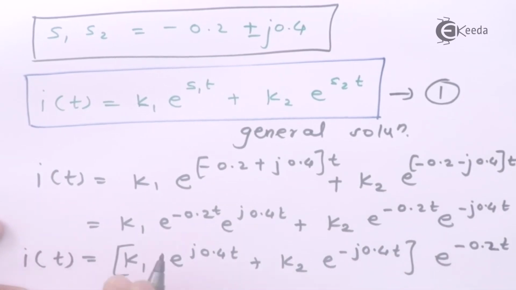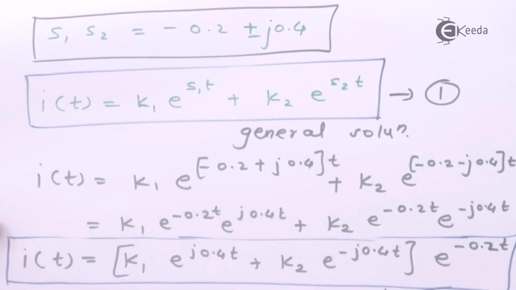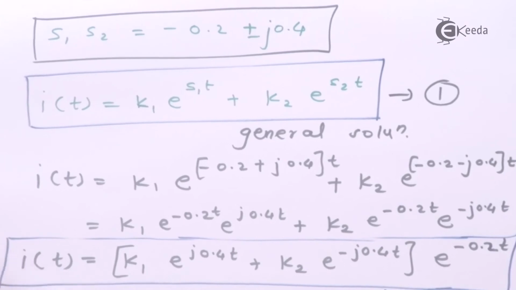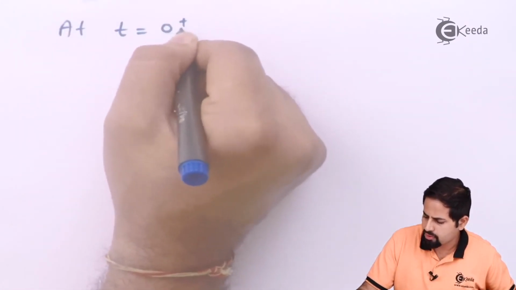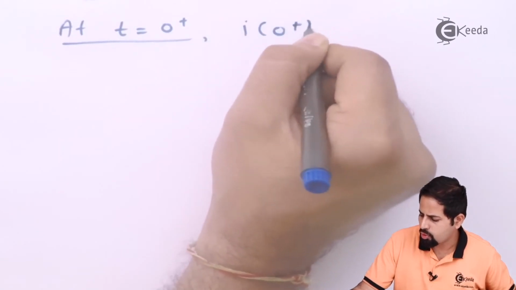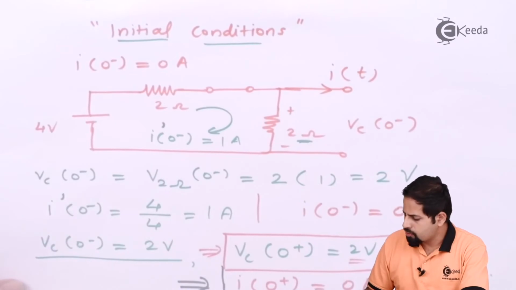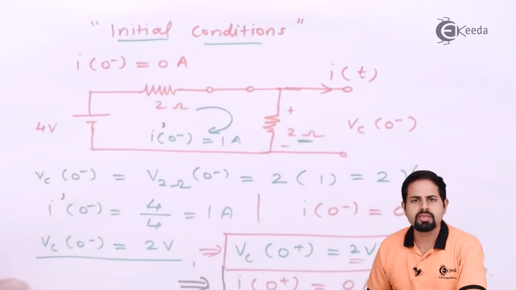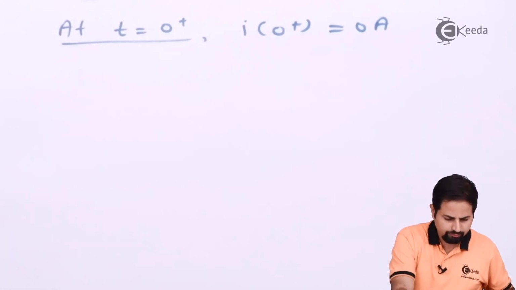So this is our equation number 2. Now we will put time t equal to 0. At t equal to 0 plus, we know that i of 0 plus is equal to 0 ampere. We already wrote i of 0 plus equal to 0 ampere from the initial conditions, so that is obvious.